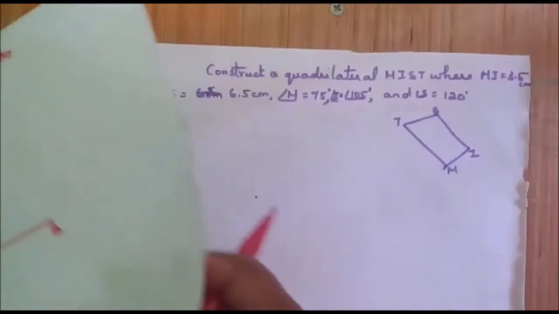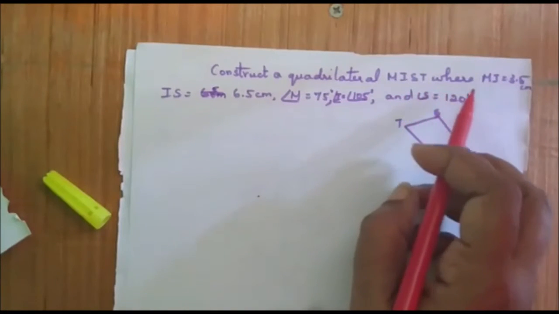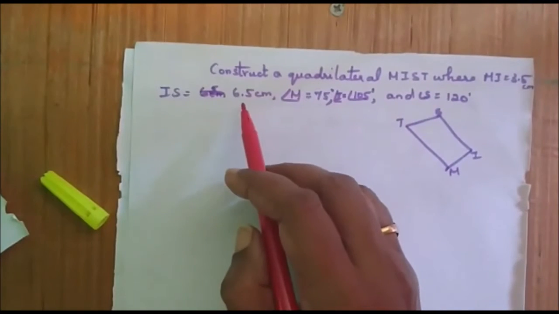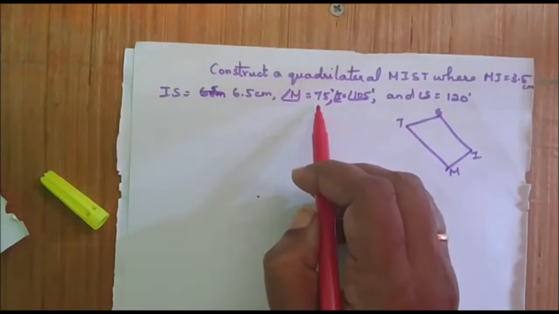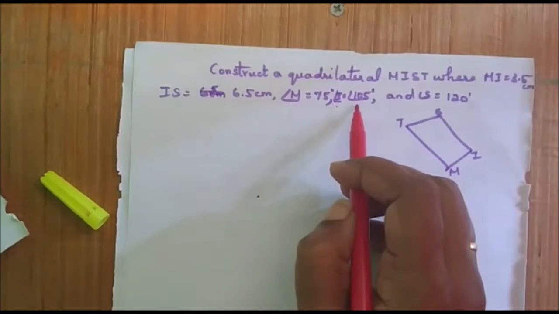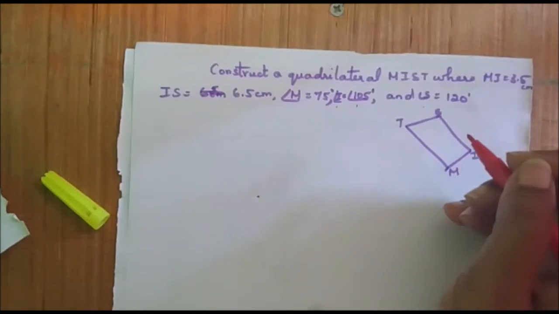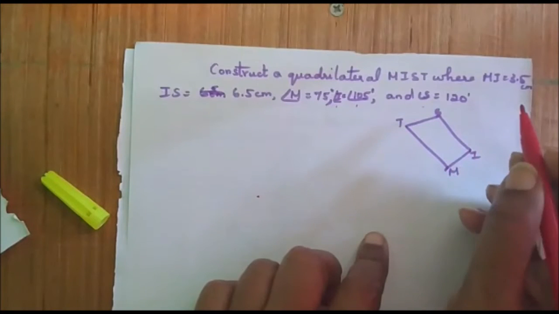Now we will see how to construct a quadrilateral MIST where MI is equal to 3.5 centimeters, IS is equal to 6.5 centimeters, angle M is equal to 75 degrees, angle I is equal to 105 degrees and angle S is equal to 120 degrees. So we have been given three angles and two sides.